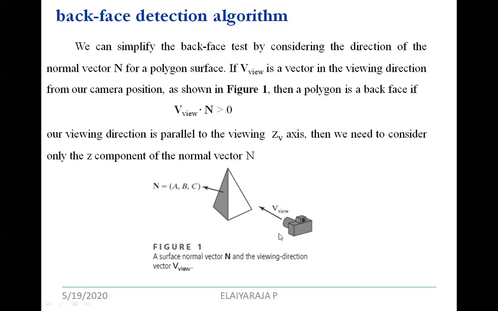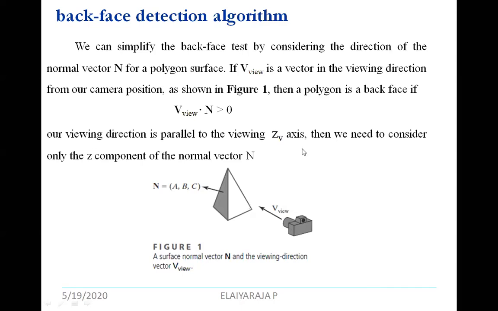The viewing direction V is a vector in the viewing direction from the camera position to the given triangle.